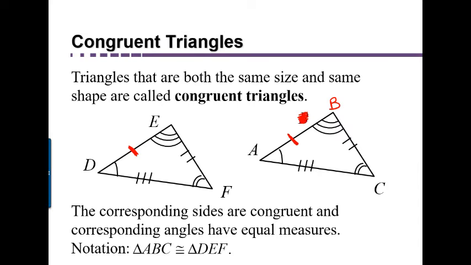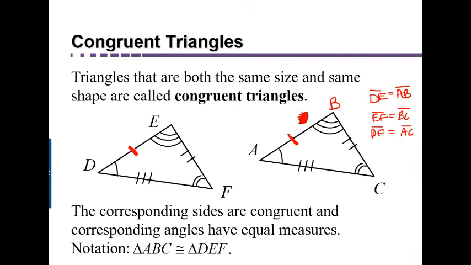I don't know why it looks like it's over there. AB has one little dash, so that's indicating that the side DE is the same length as the side AB. And similarly, EF is the same length as BC, and DF is the same length as AC.